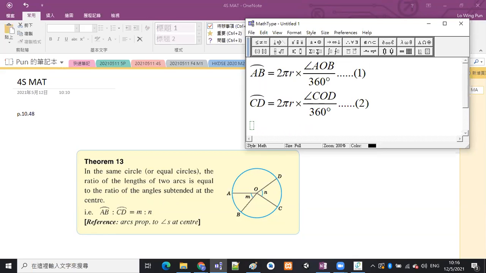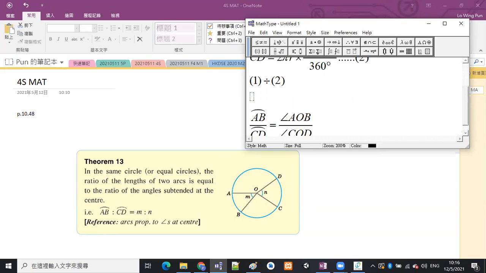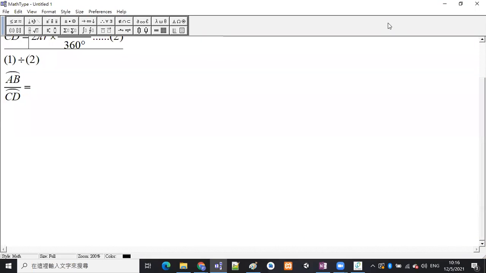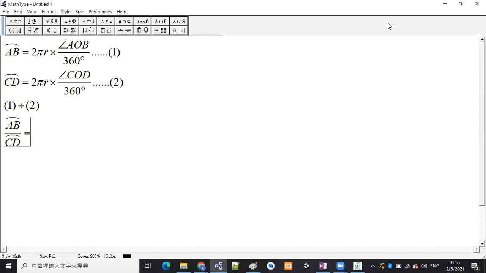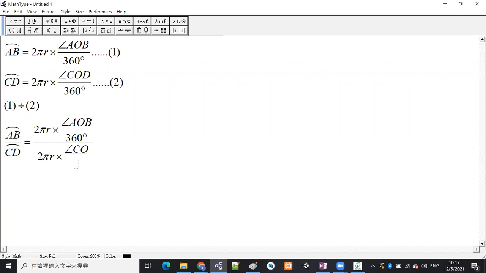When we use equation 1 divided by equation 2, the left hand side becomes arc AB over arc CD, and the right hand side becomes 2 pi r times angle AOB over 360 degrees divided by 2 pi r times angle COD over 360 degrees.